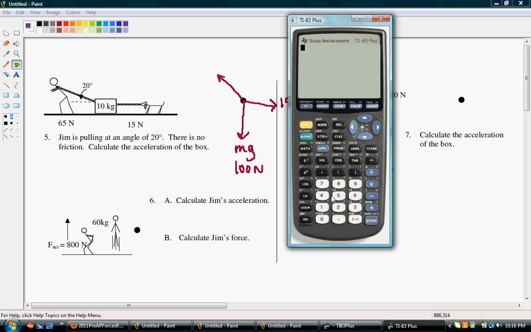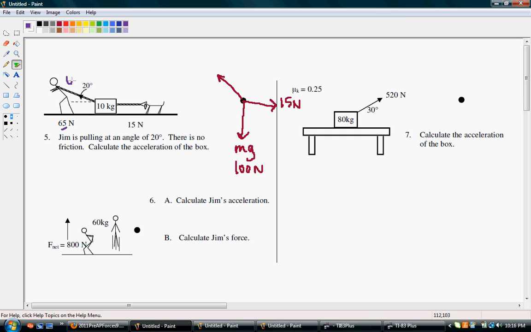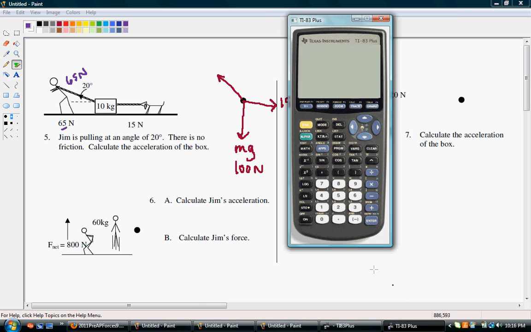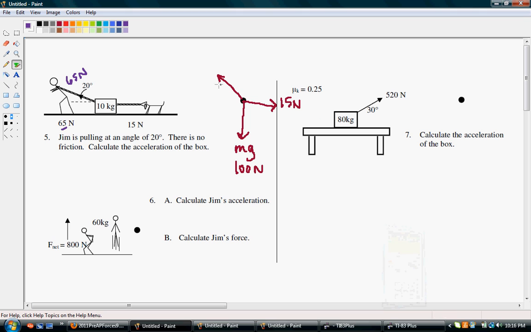Okay, so 65 newtons right here is the magnitude of this force on the rope. So into my calculator, I'm going to say 65 sine 20. Okay, and I get 22.2. So I have 22.2 in the y direction.